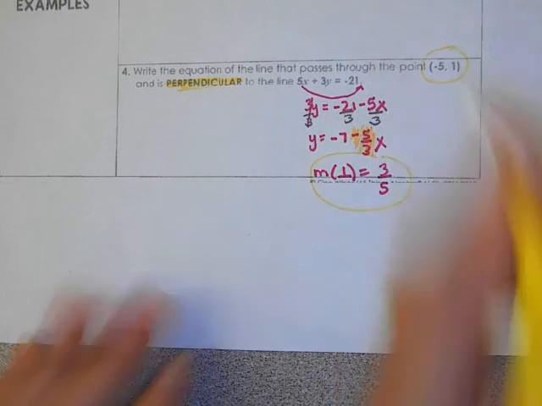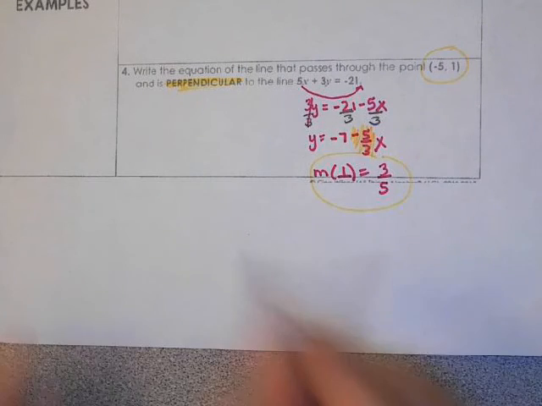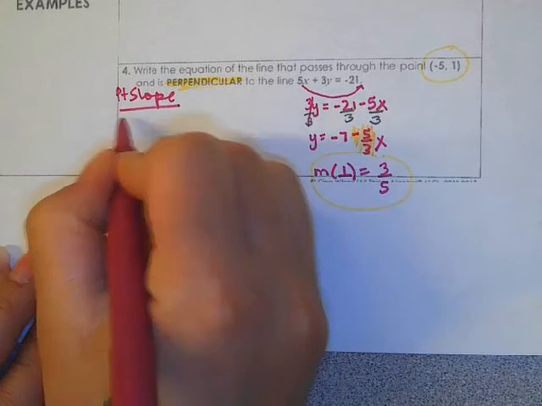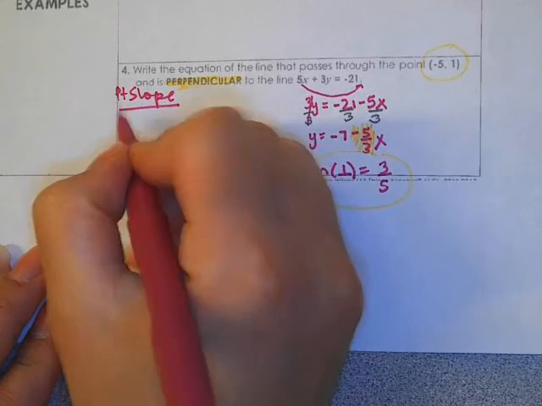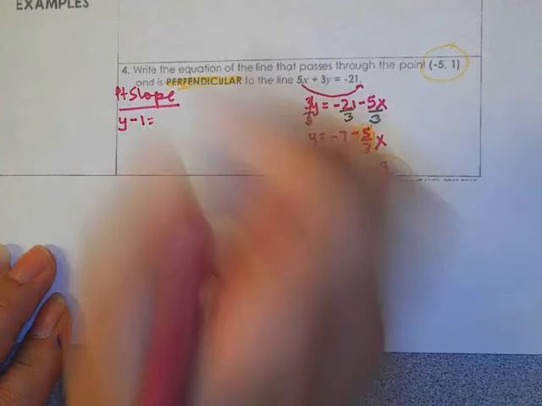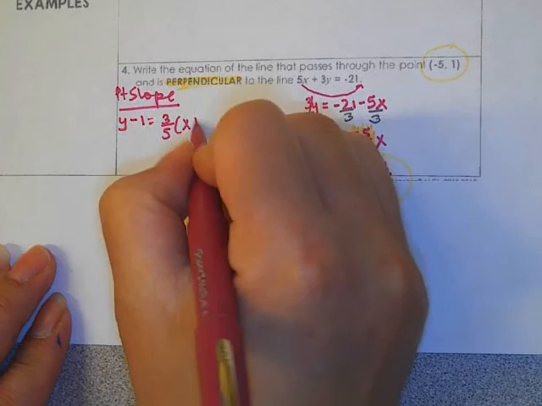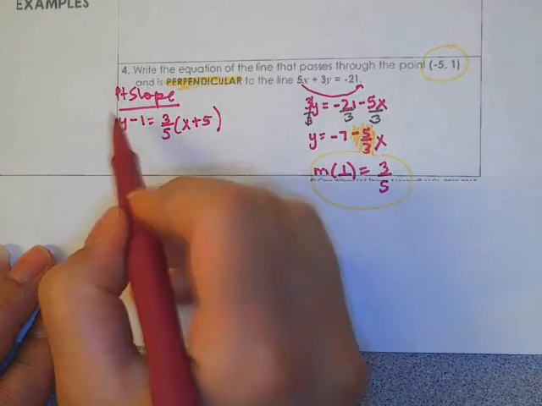Now I'm ready to start solving the problem by writing my point slope first. So y, the opposite of 1 is -1, equals my perpendicular slope, x, the opposite of -5 is +5.